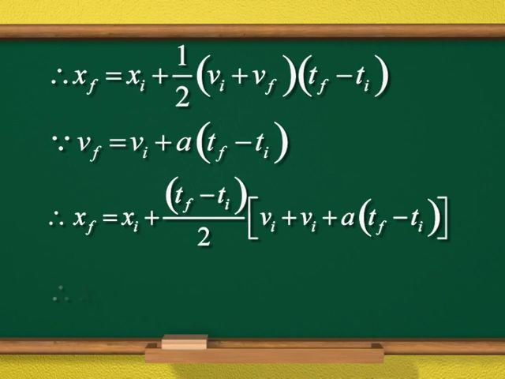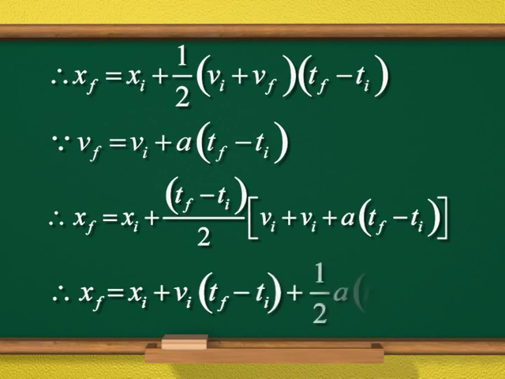This gives xf equal to xi plus vi times (tf minus ti) plus half a into the whole square of (tf minus ti). This is the equation for measuring position.